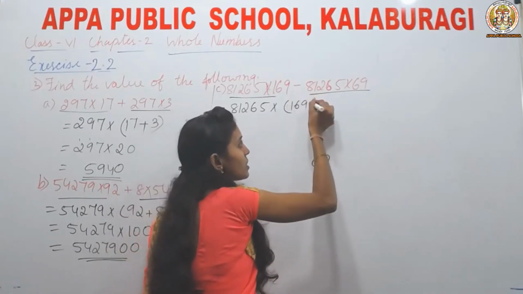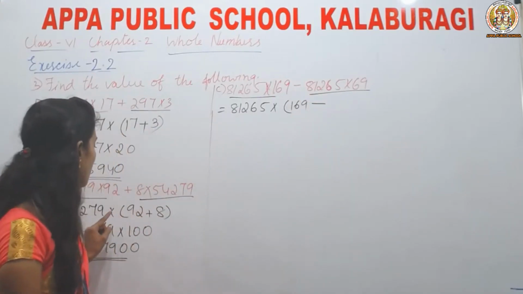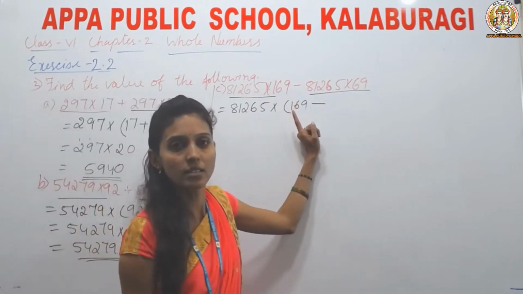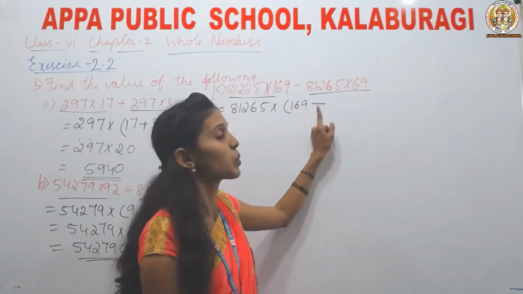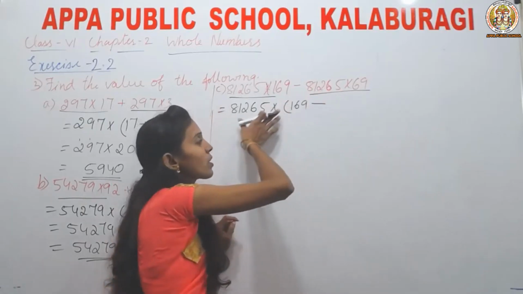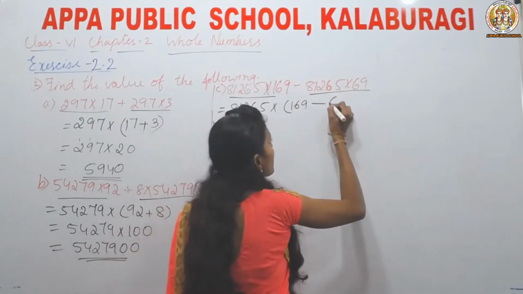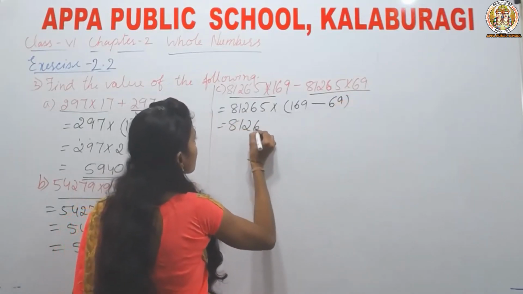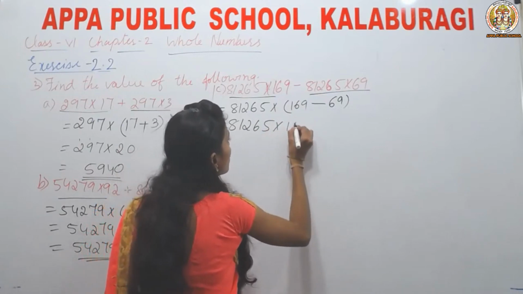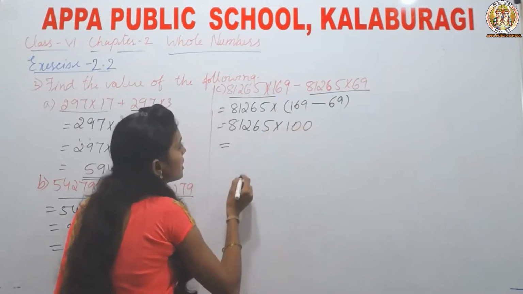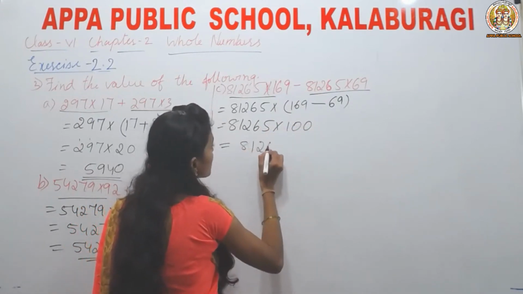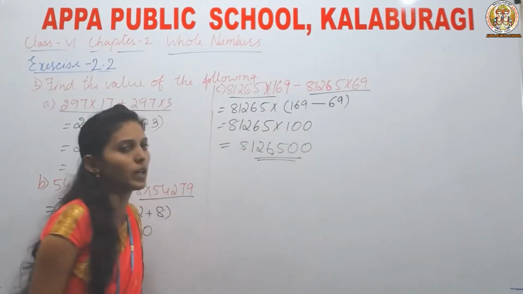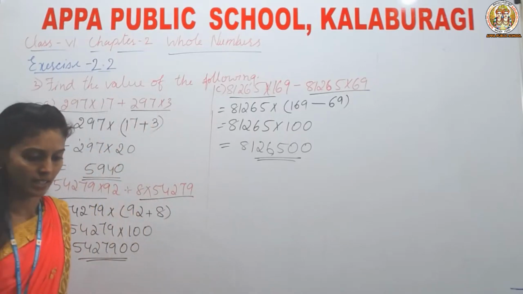Here it is minus, so here also minus. Now this is already outside, so remaining is 69. Now 81265 into 100 is nothing but 81265 00. Oh, very easy, right? Yes.